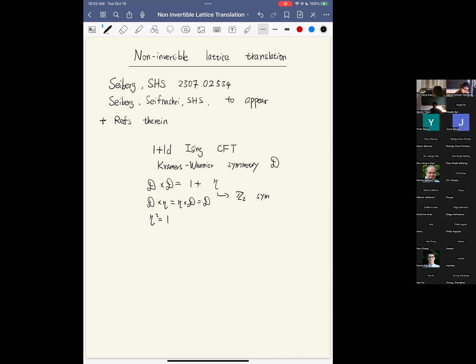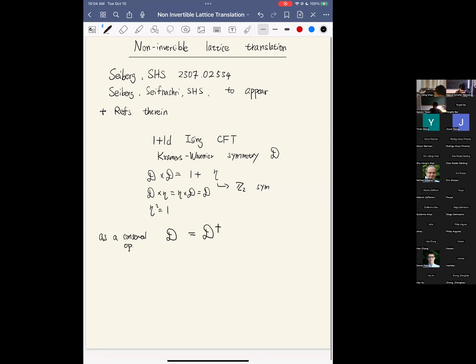That statement has to be qualified a little bit more. But let me also point out the fact that D as a conserved operator in the continuum, D is its own dagger. However, D times D dagger is not 1. So it really goes beyond the standard paradigm by Wigner.